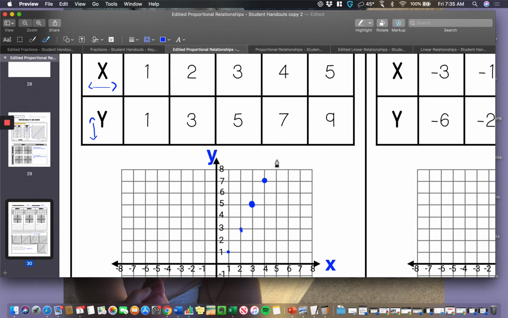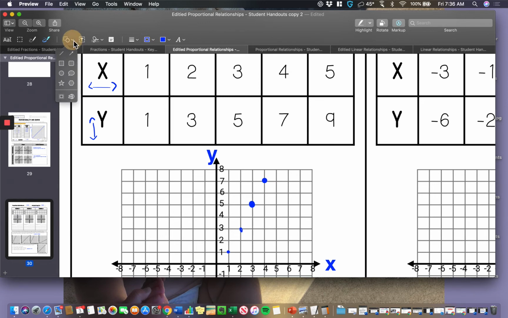So we're not even going to plot that one, but I can draw an arrow connecting these dots and see if it is a proportion. So if I can draw a straight line right through, it should tell me whether this is a proportion or not.